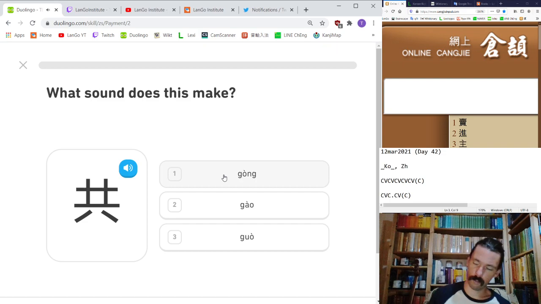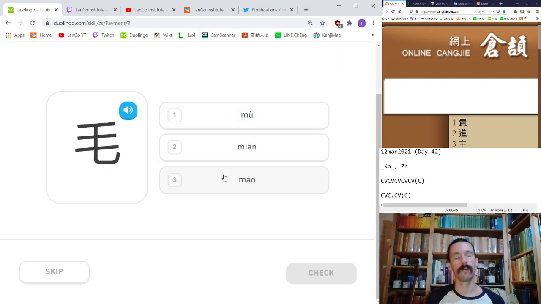Gong. Mao. Like a dime, unit of currency, or fur.